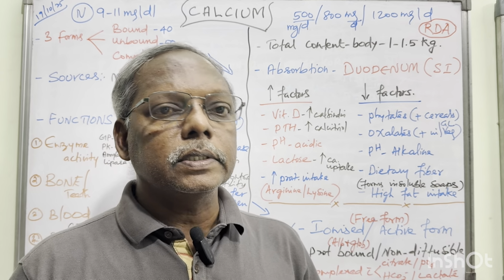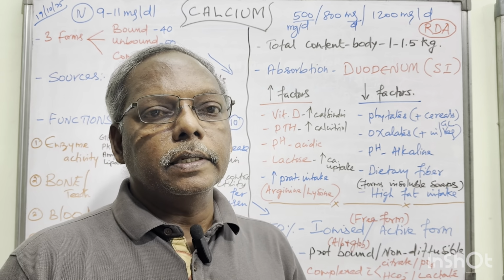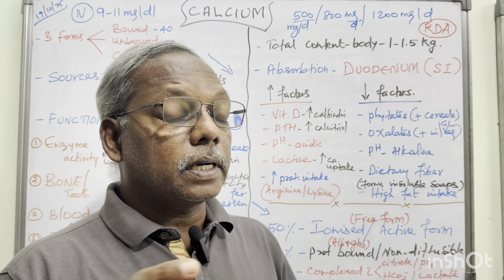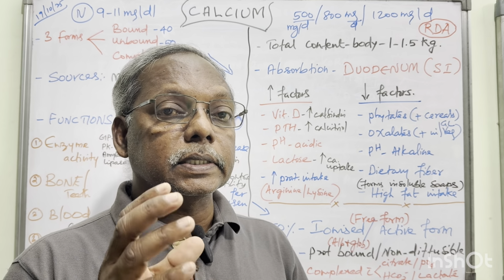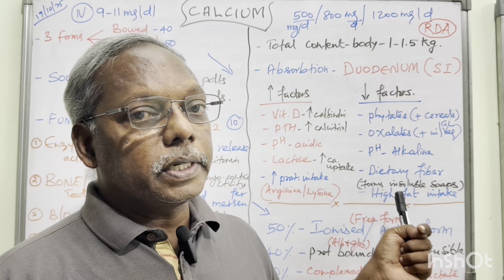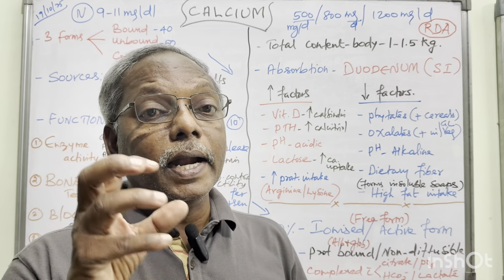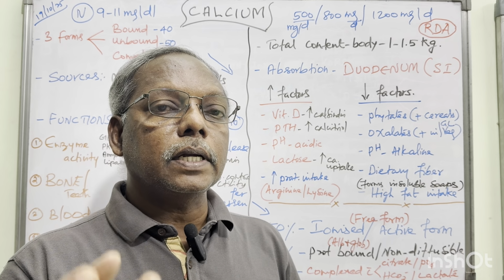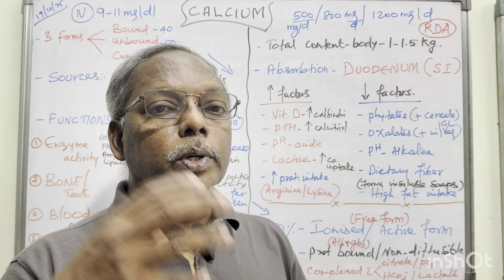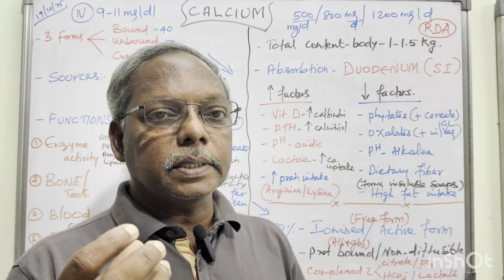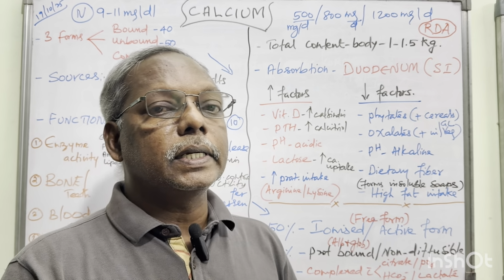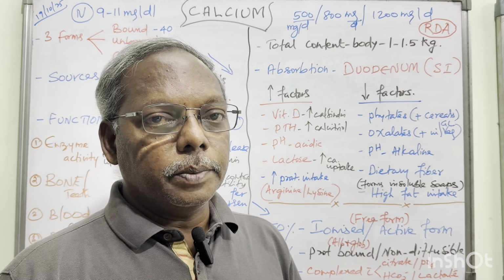It excretes the compounds present in the intestine and increases the intestinal motility. That is why it decreases the calcium absorption. The last one is a high fat diet, where free fatty acids combine with the calcium and produce soap-like substances, which also decrease calcium absorption.